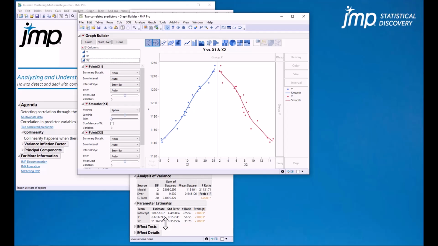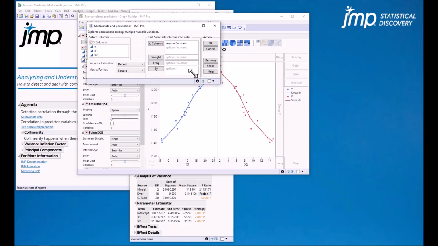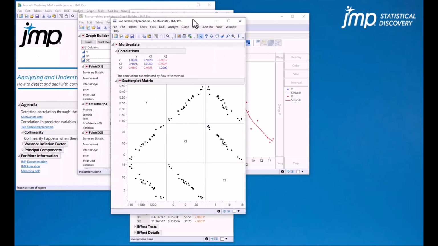And this is the kind of thing that you can get when you have collinearity. So I'm going to actually go back to the multivariate platform and put all 3 columns in the multivariate platform. And here we can see in the scatter plot matrix, these are the 2 graphs that we just made in Graph Builder in the background here.